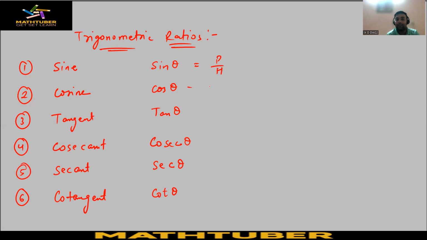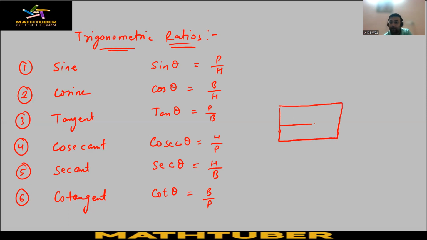So we have given the name of perpendicular upon hypotenuse as sine, base upon hypotenuse as cosine, right? Similarly, perpendicular upon base is tangent, and the other three are the reciprocals of the first three. So cosec theta will be H upon P, sec theta will be H upon B, and cot theta will be B upon P.